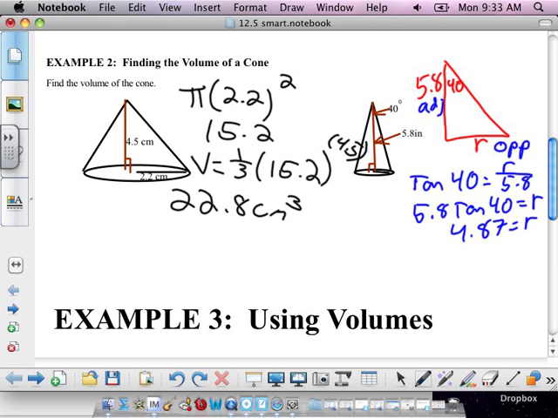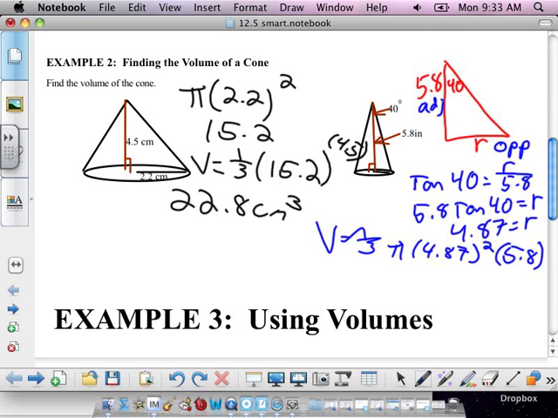Okay, and let's put this whole thing into our equation. We know volume equals 1/3 pi r squared h, where r is 4.87 and height is 5.8. So again, you can just put 1/3 in parentheses, or you can divide it at the end.